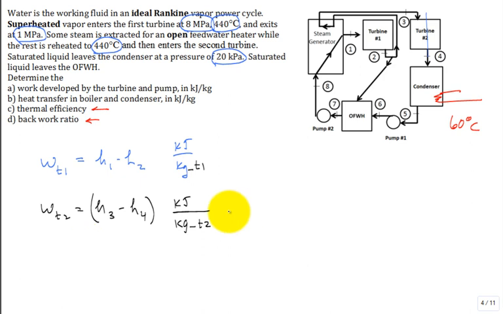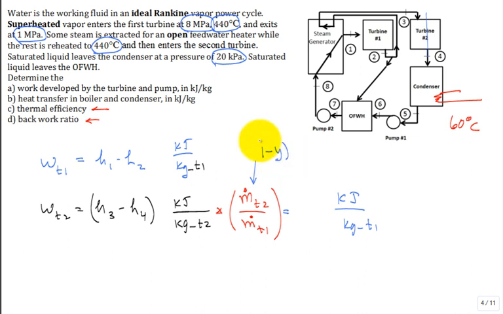If I multiply this by the ratio of the mass that goes through the second turbine stage divided by the mass that goes through the first turbine stage, or if you like to think mass flow rates, put an m dot on both of them, then you'll see the units convert to kilojoules per kilogram that went through the first turbine stage. See the units? And then you say, but you know what? This ratio right here is 1 minus the fraction that was diverted.